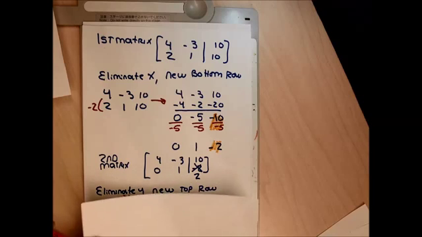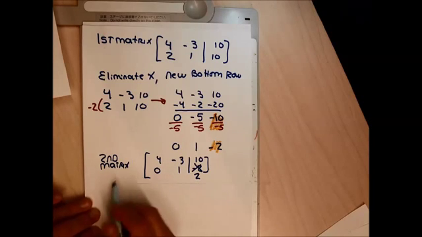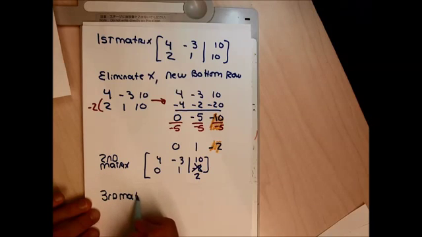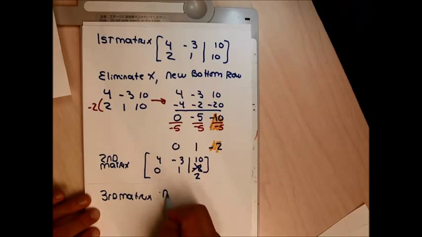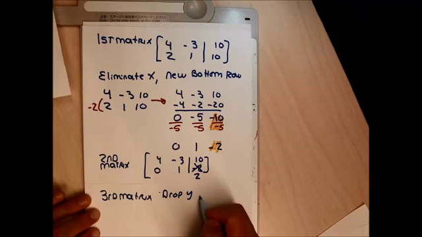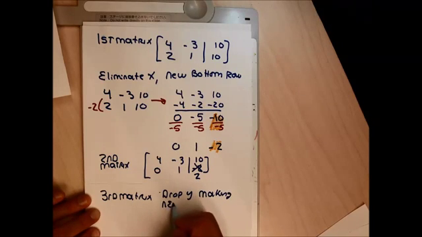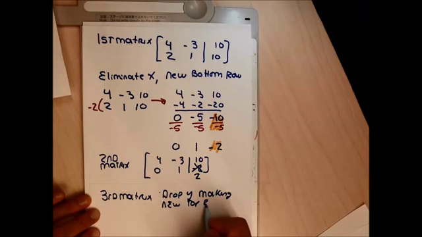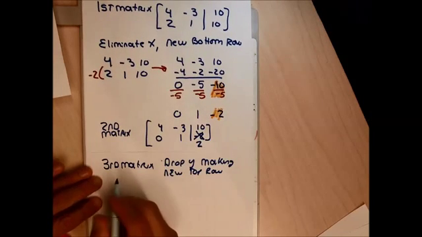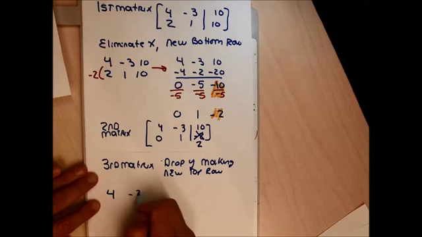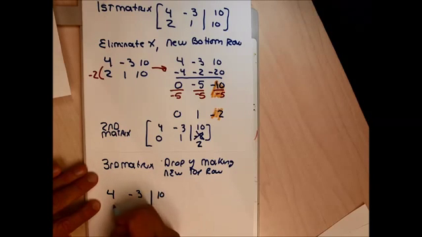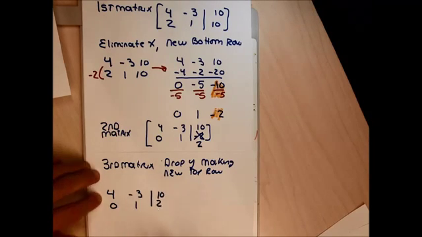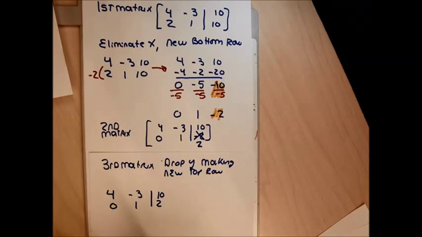So I found my mistake, and now I'm just going to redo the problem. I'm going to create my third matrix by dropping the y's and making a new top row. So I'm going to put my fixed matrix 4, negative 3, and 10, 0, 1, and 2, and I'm going to drop the y's by multiplying this row by 3.